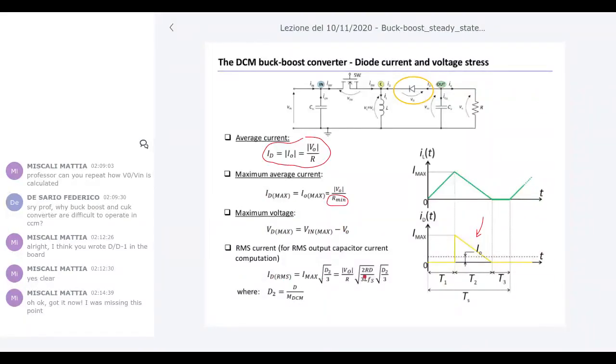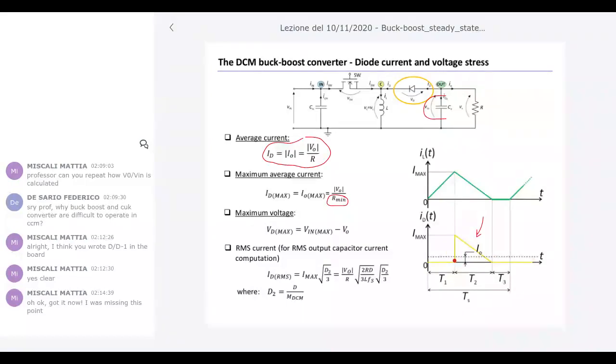We can also compute the root mean square value, because the root mean square value of the current flowing through the diode is useful to compute the root mean square value of the C0 capacitor current. The same procedure as before. Now we have a triangular waveform. You can square it, then you can have the average value of this waveform across Ts. Nothing changed with respect to before.